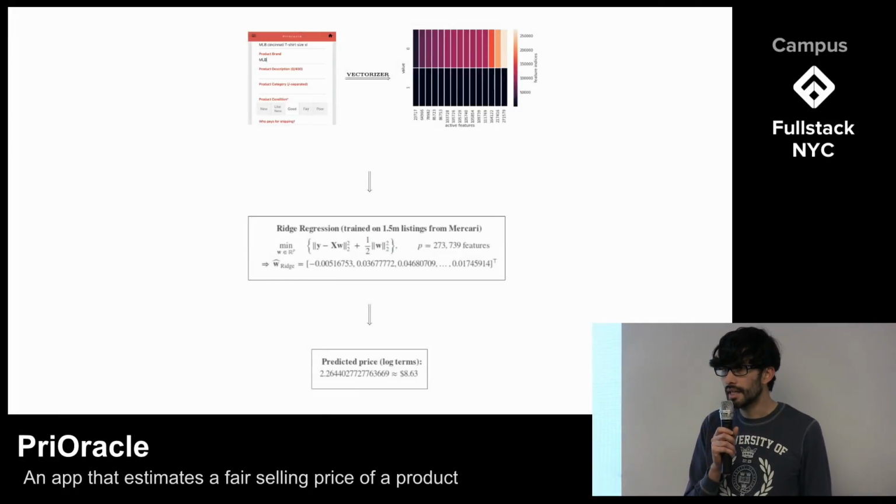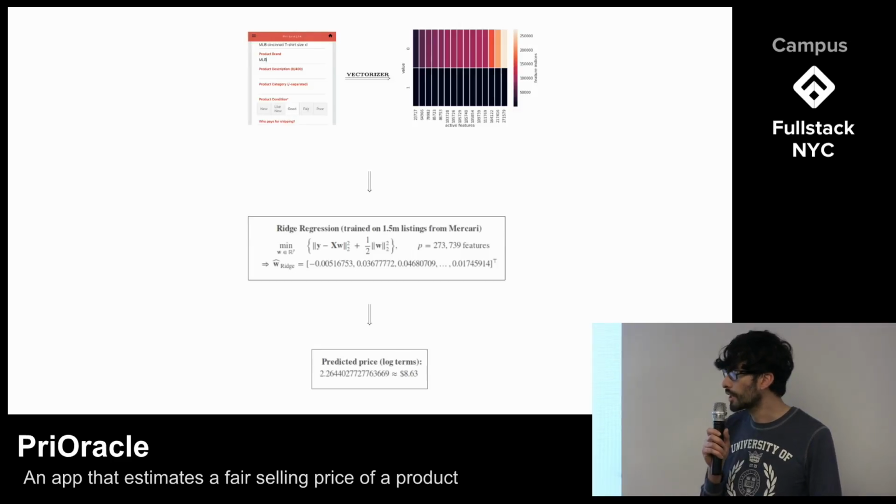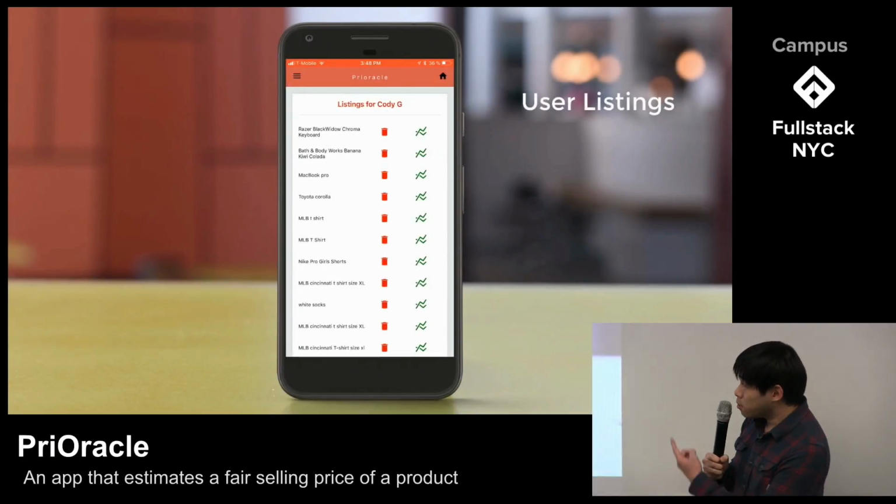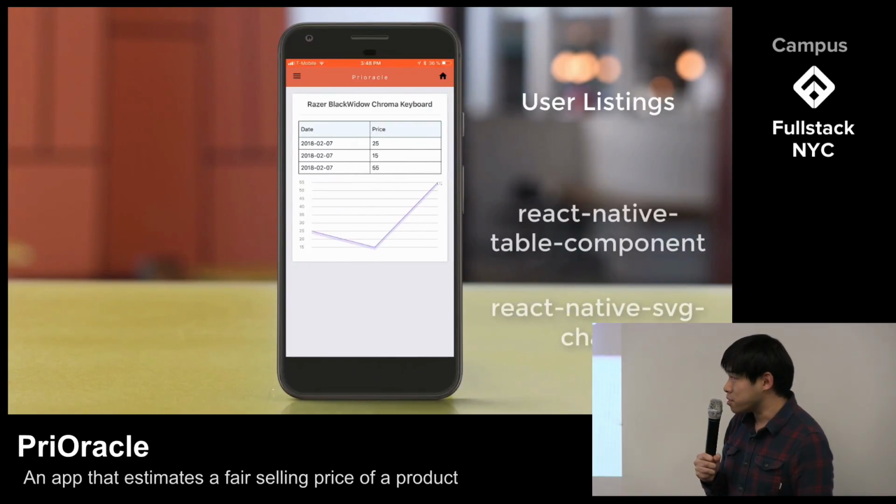And finally, that ridge regression model produces a price prediction, which for the MLB t-shirt amounts to roughly $8.60. So now if a user clicks on one of those graph icons for an individual listing, they'll see a table and a graph, which will display changes in our valuations over time.